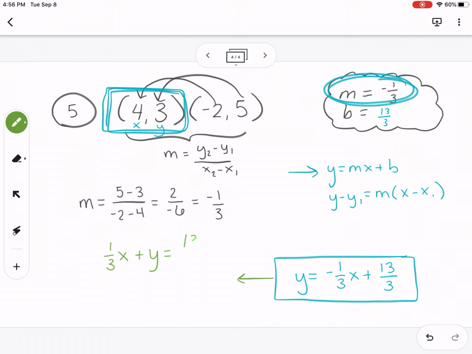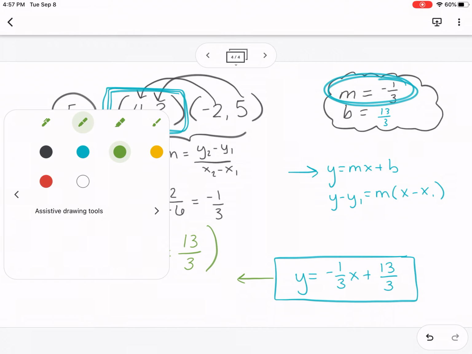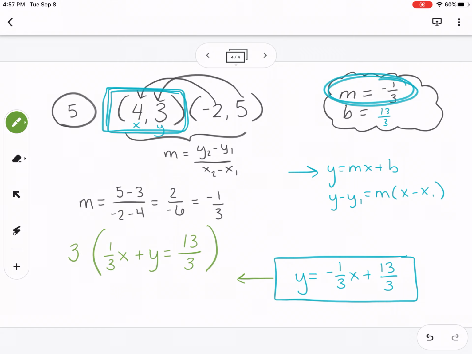And now you've got two fractions in your problem. You would multiply by 3 because that's the LCD of those two denominators that you have, right? We want to pick the least common multiple to get rid of that, because we want to keep the numbers as small as possible. So this would get us x plus 3y equals 13.